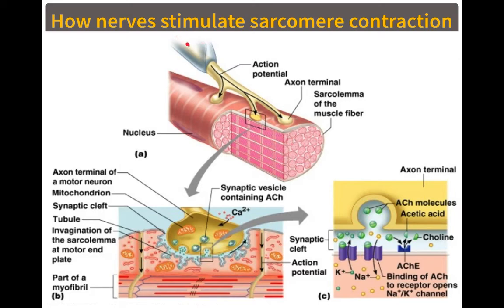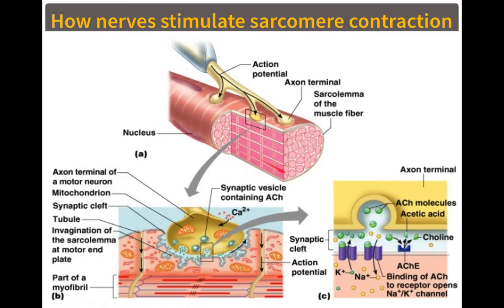The idea is an action potential, which is a signal from the brain, is going to come down this neuron where it's going to connect with the muscle fiber that's part of the motor unit for this neuron. Remember, a motor unit is one neuron and all of the muscle fibers that are part of it.